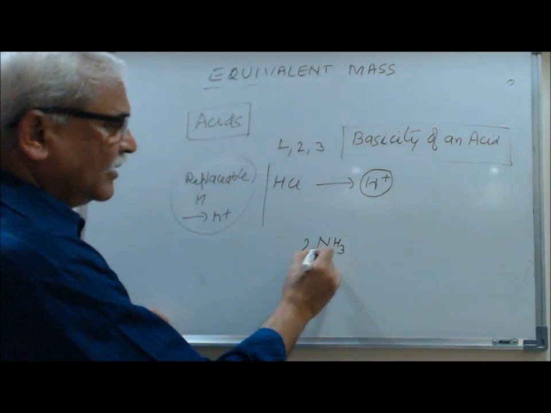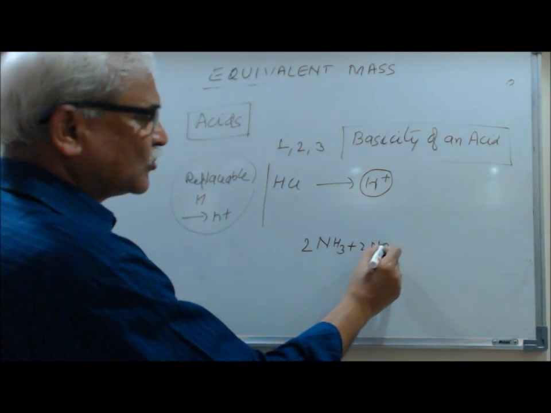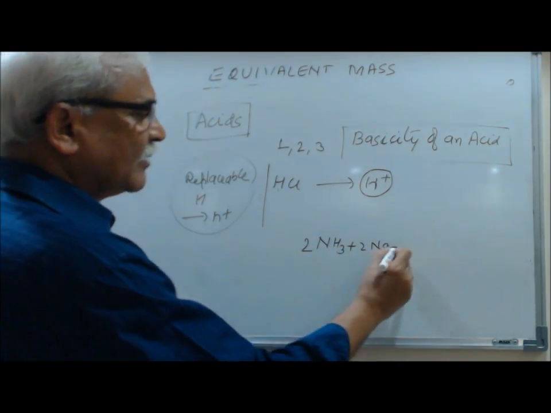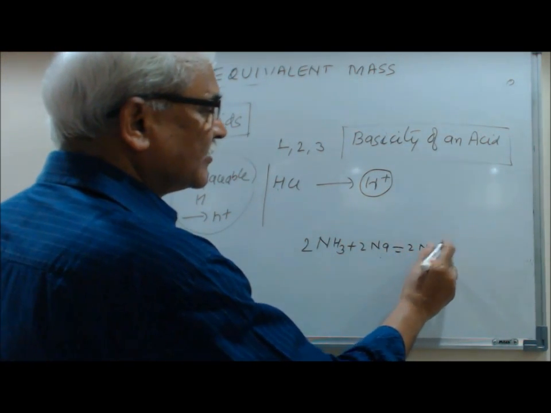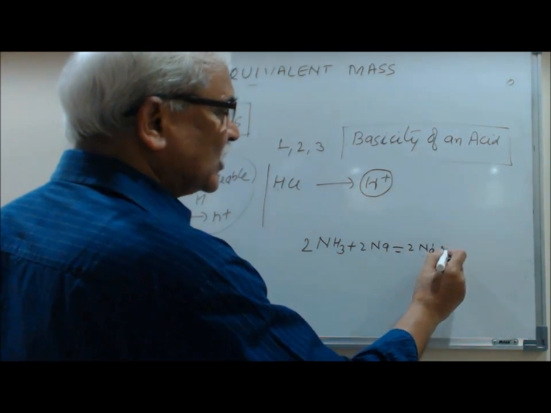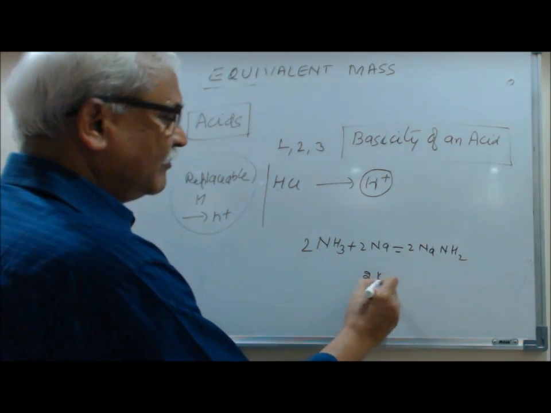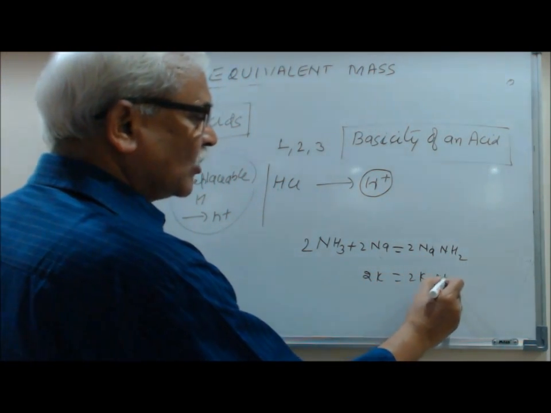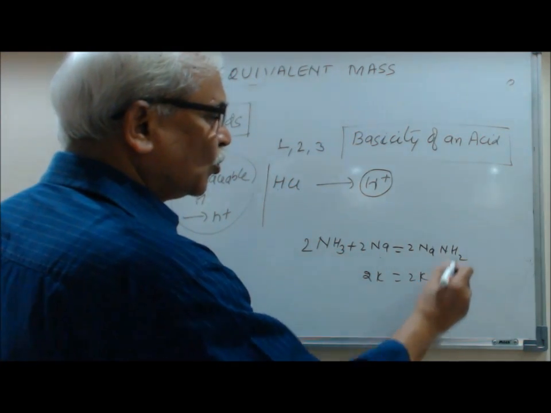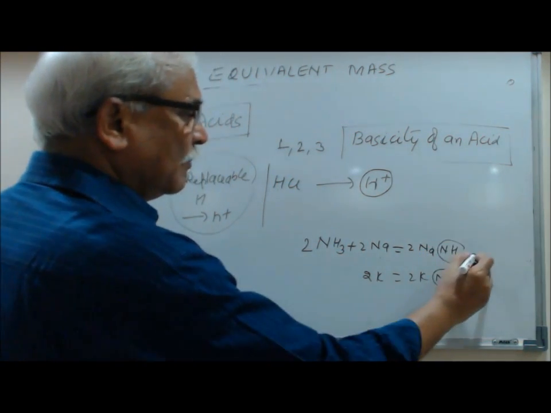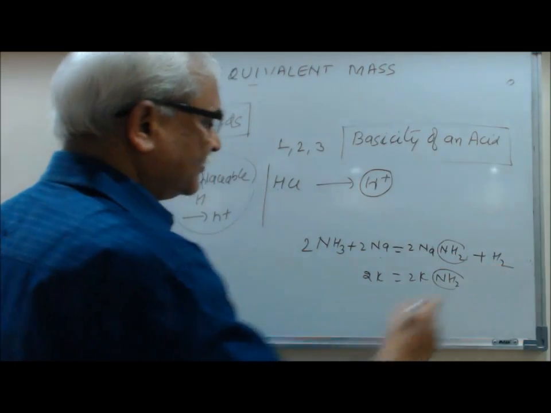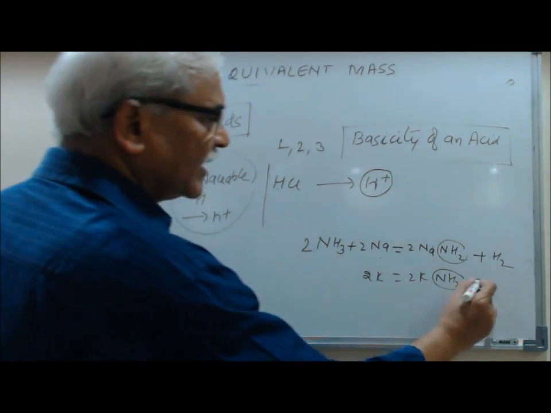If no, probably you have not seen that reaction. Sodium or potassium react with ammonia to give amides. Amides are NH2. Sodium amide. If you have taken potassium, potassium amide. So amides are NH2 group, plus we get hydrogen.